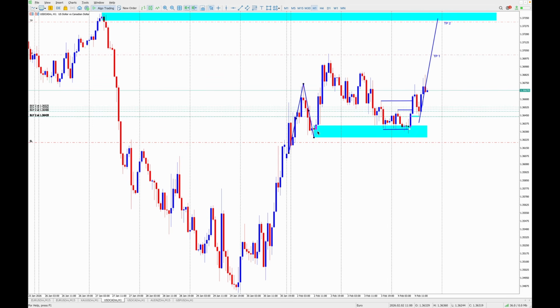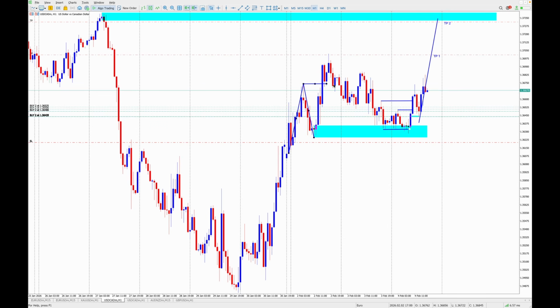The reason I chose this area was not really that significant, as when price got to this demand area, we did have some imbalance, some candles with momentum, but that area was tested again. From there, we identified a higher high, which is this one, so we had a break of structure confirming the idea of buying this.